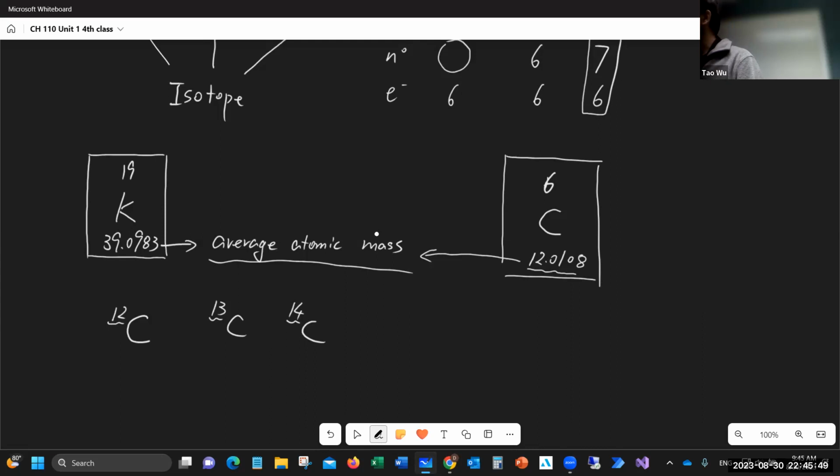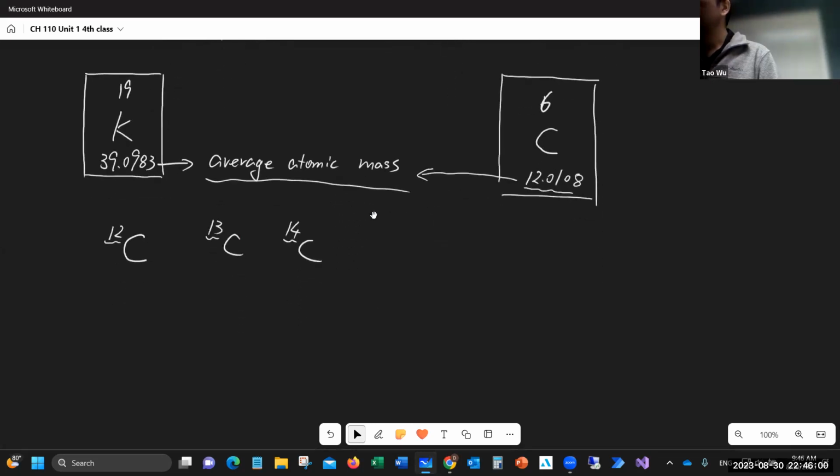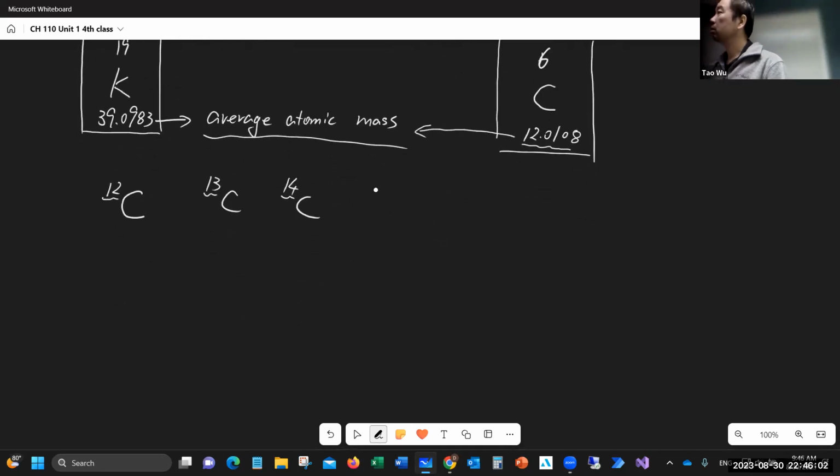Why do we call this the mass number? It is related to the mass, right? Why is this related to the mass? This is talking about how many protons plus neutrons. One proton is about equal to one unit of mass.